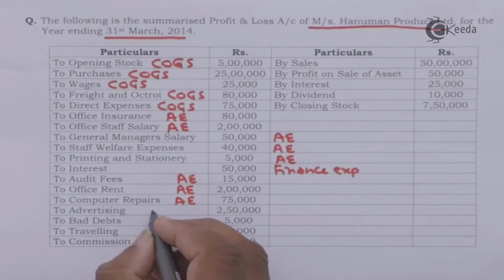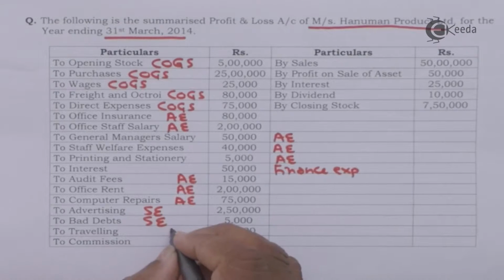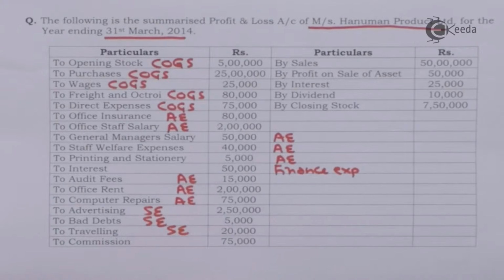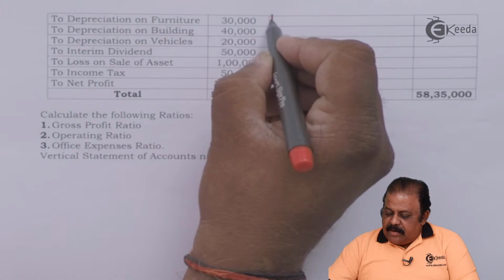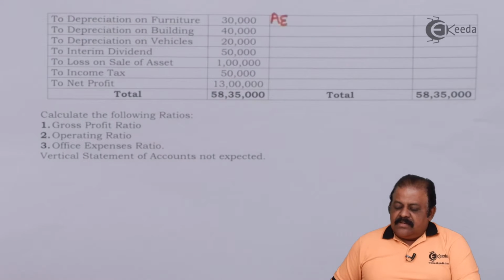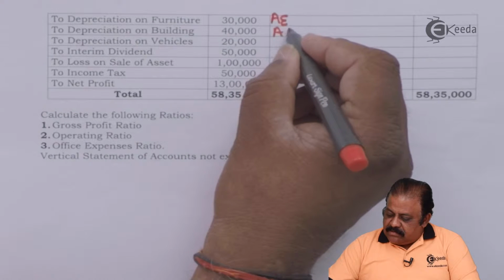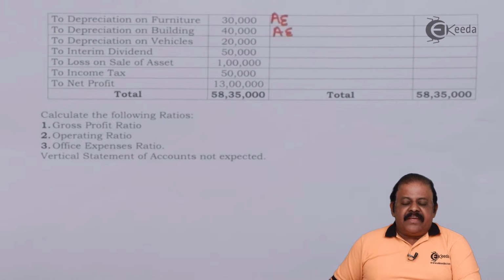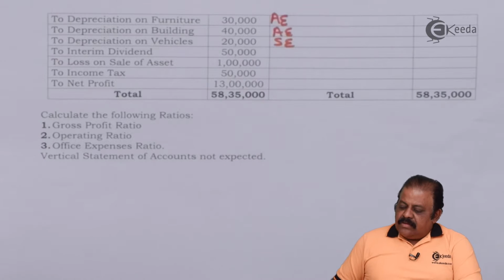Advertising, selling expense. Bad debts, selling expense. Traveling, selling expense. Commission, selling expense. Depreciation on furniture, administration expense. Depreciation on building, administration expense. Depreciation on vehicles, selling expense.